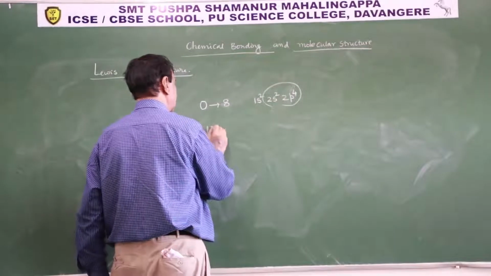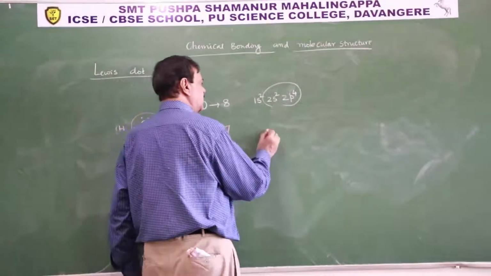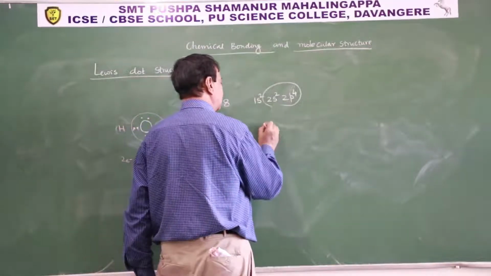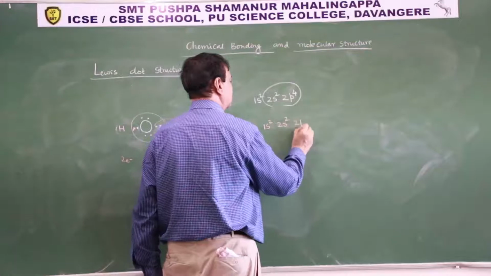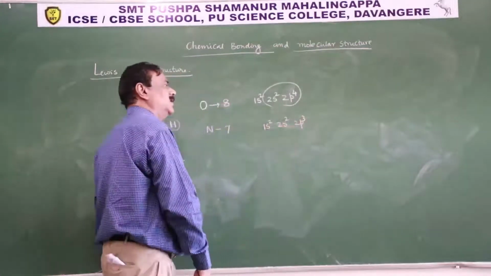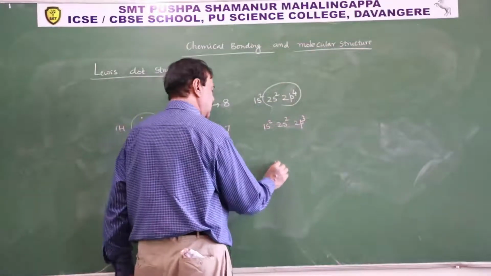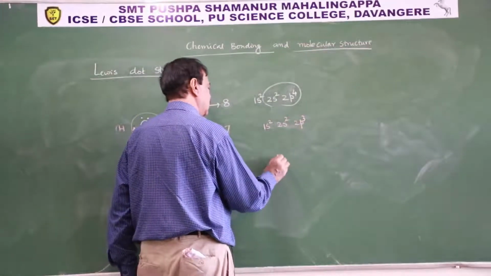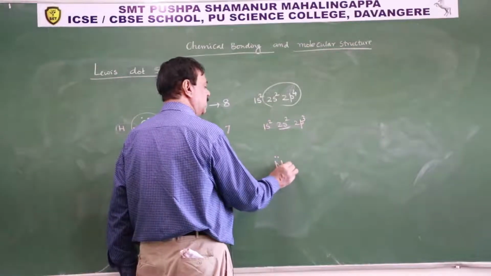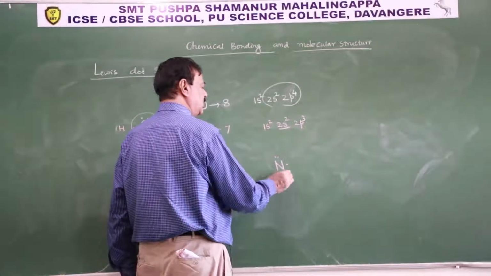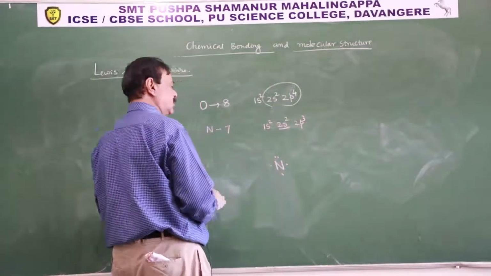In the case of ammonia, the nitrogen has 7 electrons. Its electronic configuration is 1s2, 2s2, 2p3. Nitrogen has 2s atomic orbital electrons and 2p atomic orbital electrons.